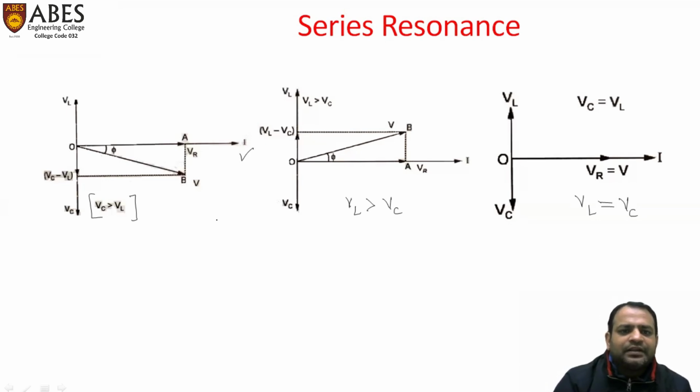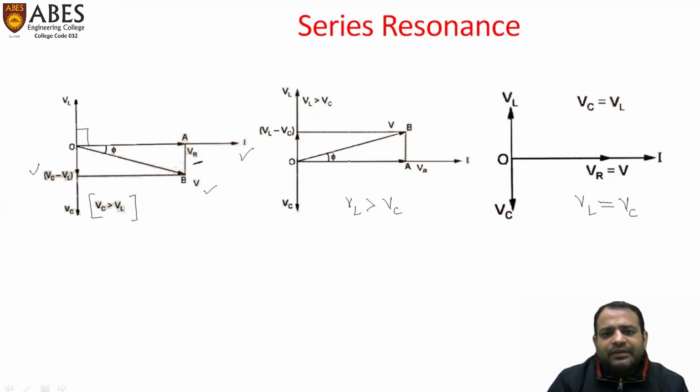Then we are making second vector VR in the same phase with I. Now this is the VL vector which is leading 90° from this current, and this is our VC which is greater than VL, 90° behind this current. So the resultant vector of VL and VC is called VC minus VL because VC is larger than VL. So this is the vector, and the resultant vector between VR and VC minus VL is resultant V.